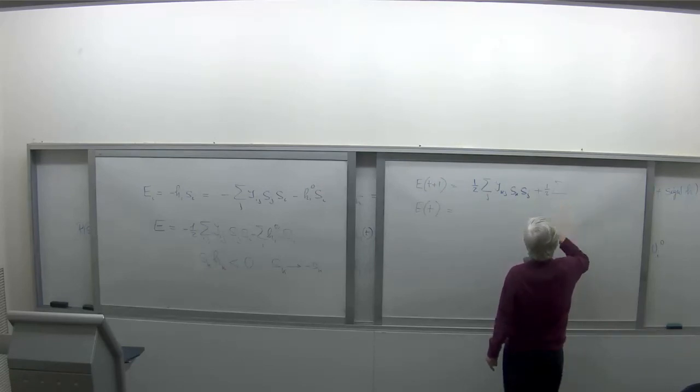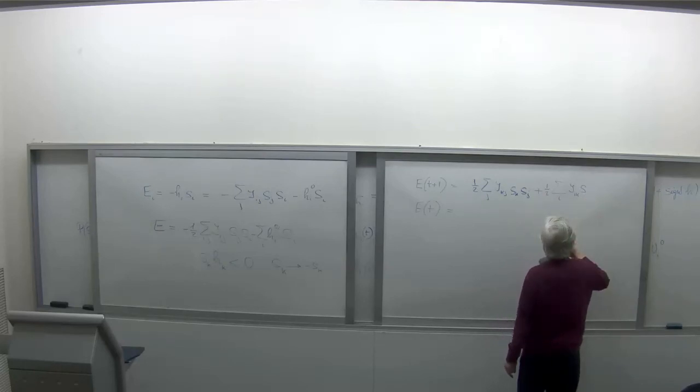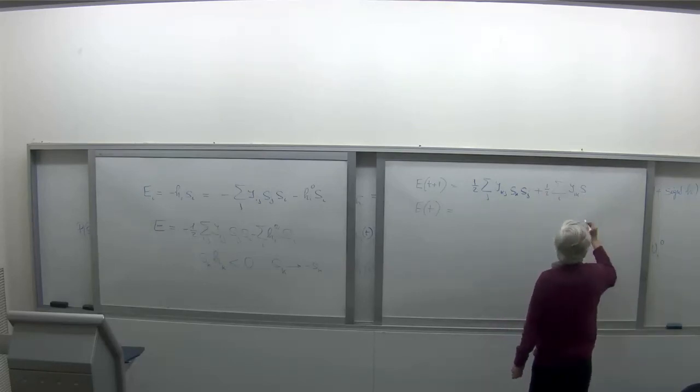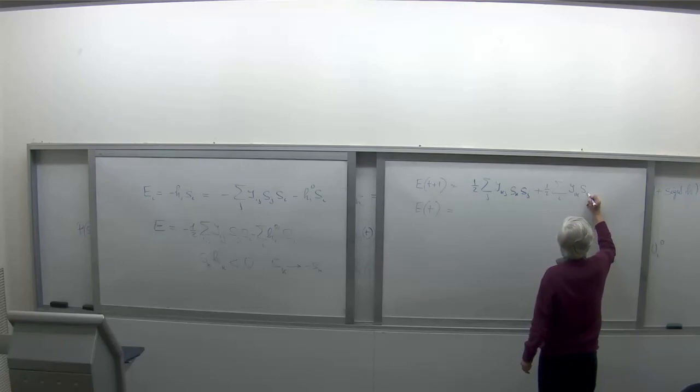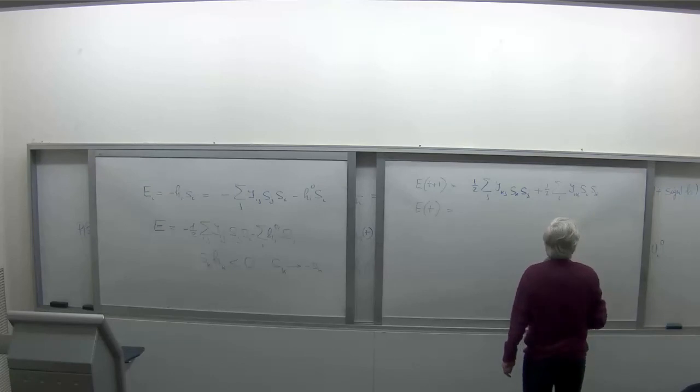Now we have a sum over i and j, J_ik, s_i, s_k. You just make sure that it is s_k.